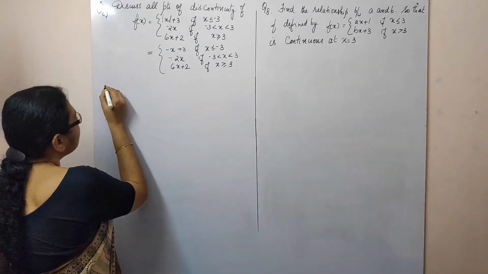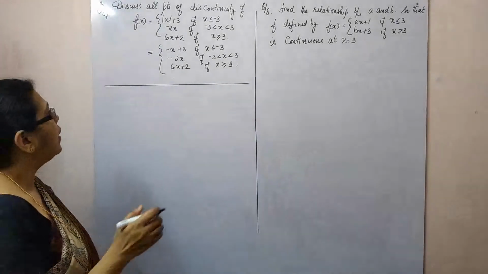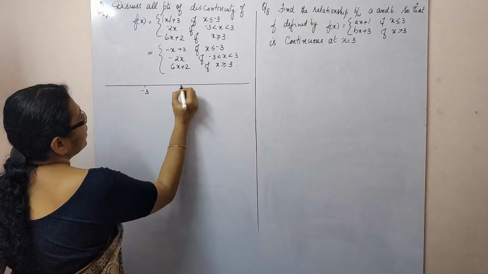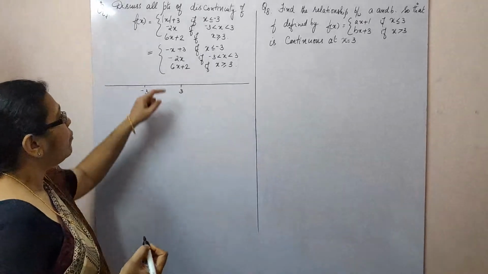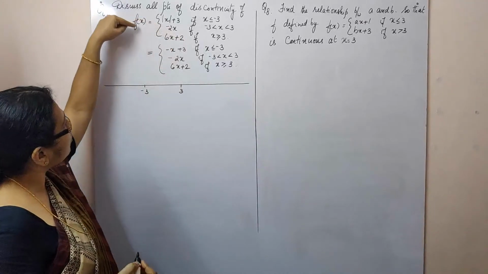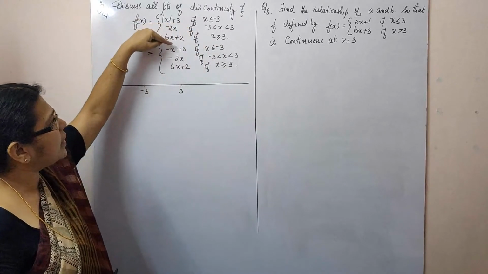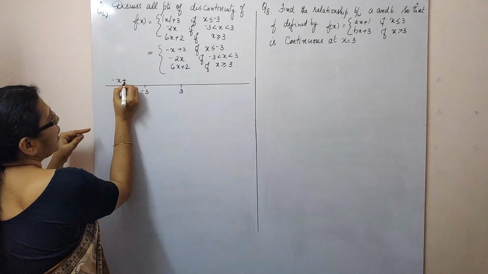Okay, now let me draw our number line. For the values of x, here I have negative 3, then the next value is 3. For x less than or equal to negative 3, the function f of x is minus x plus 3.